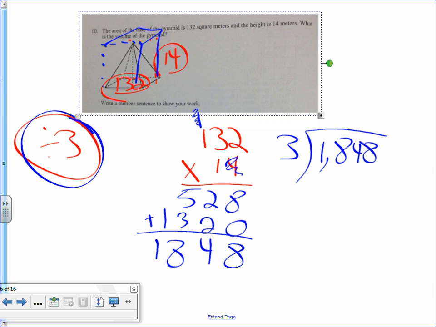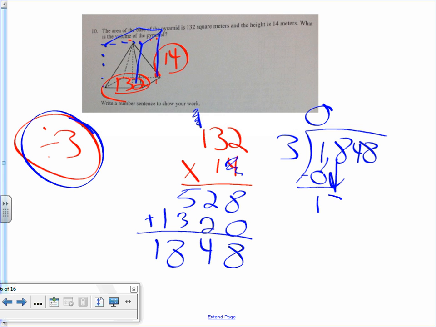How many times can 3 go into 1? 0 times. 3 times 0 is 0. Subtract, bring down the 8. How many times can 3 go into 18? 6 times. 3 times 6 is 18. Bring down the 4. How many times can 3 go into 4? Once. 3 times 1 is 3.